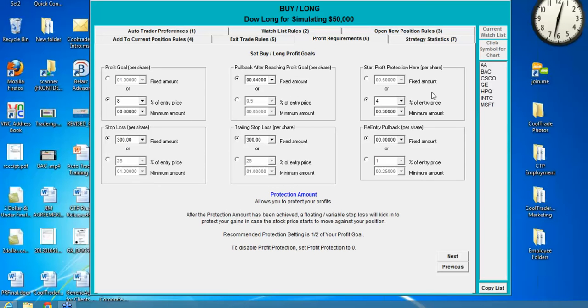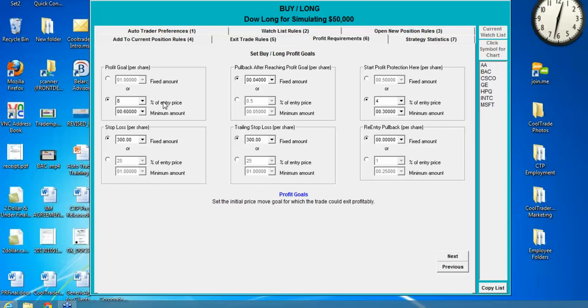There's all kinds of things that have been added into the system over the years, all designed to take money. And one of them is we had a lot of people in the early days that would report that, hey, I was up $1,000 in the morning, and then it disappeared in the afternoon. So what we created was what is called profit protection. So what this feature will do is, let's say your profit goal is 60 cents on a stock.